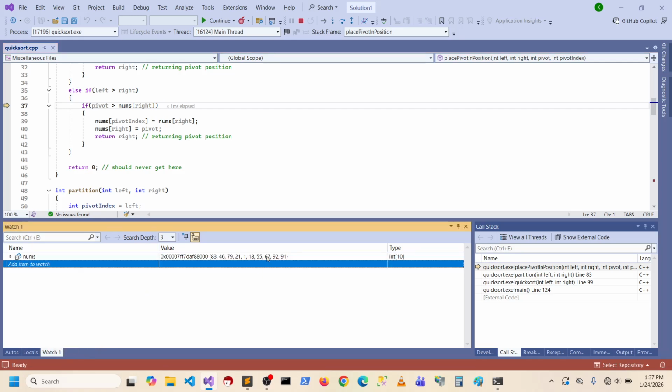Numbers right is 67. Pivot is 83, so this will exchange that.